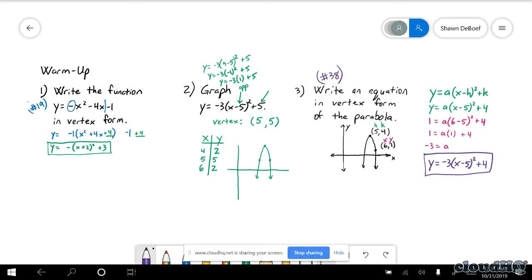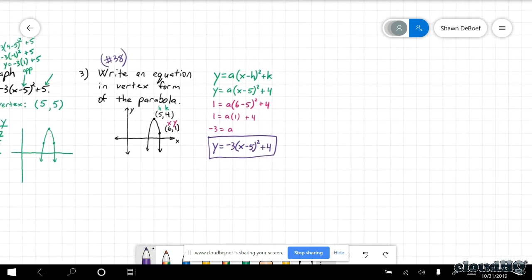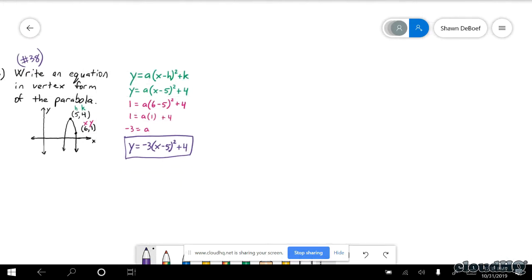Okay, so that was 4-7. That's what we covered on Tuesday after the quiz. Now, today we need to take a look at section 4-8. New note, section 4-8 is titled Quadratic Inequalities.